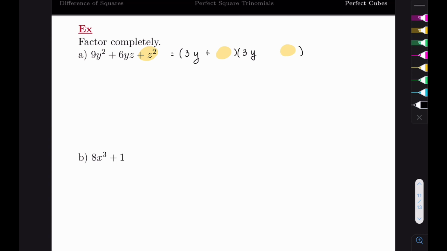And the way we can do that is with a plus z and a plus z. So this is a great first initial guess. Let's go ahead and check that I get the right middle term. That's 3yz. And that is also 3yz. Those add together and give us 6yz.